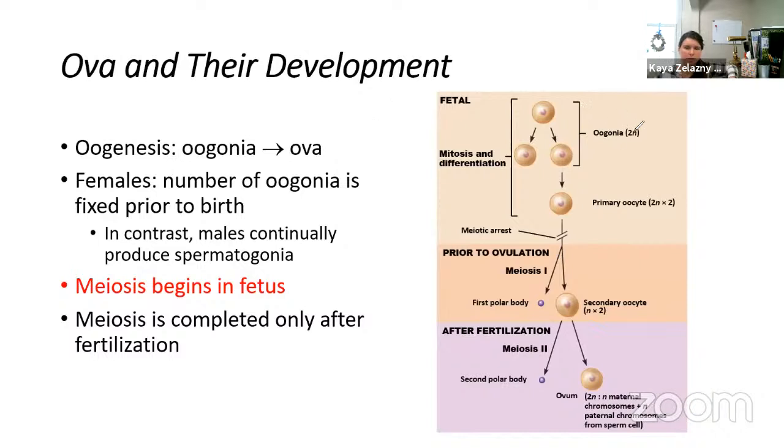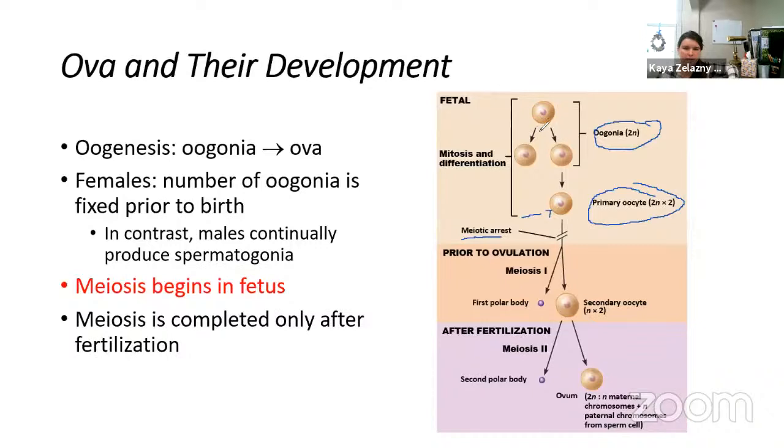In fetal life, the oogonia produce our primary oocytes. And this is where we have our first pause, which we refer to as meiotic arrest. So this is why there's a limited pool of egg cells in females. It's because this first step where we get our primary oocytes happens before birth, right?